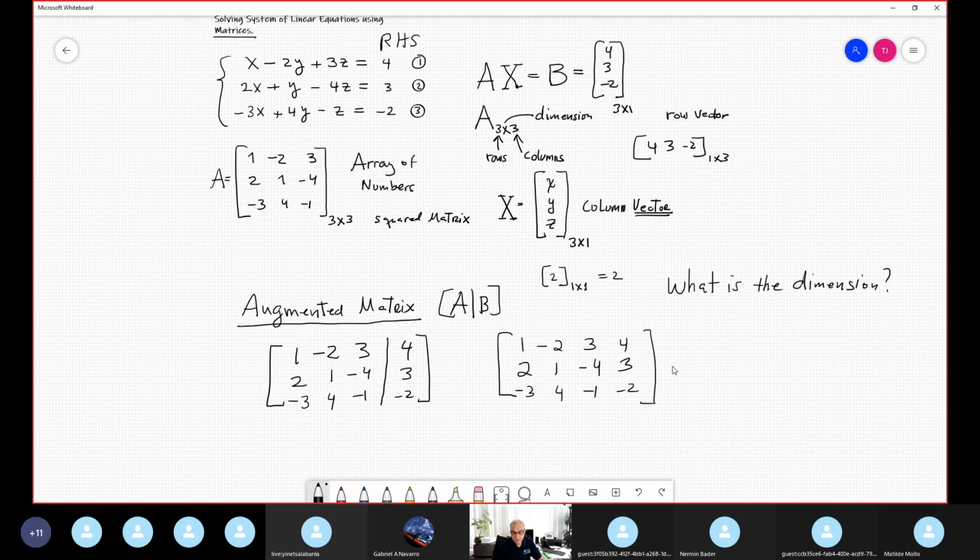Say again. 3 rows. And how many columns? 4 columns. Exactly, and that's it. 3 by 4. The dimension for this matrix is 3 by 4. The dimension is formed by the number of rows and the number of columns. And this is not a square matrix, right? Because the number of rows is not equal to the number of columns.